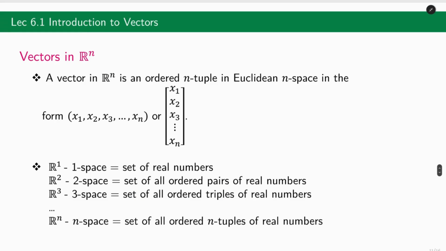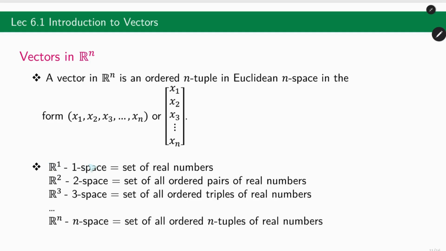Now let us extend our discussion to Rn. A vector in Rn is an ordered n-tuple in the Euclidean n-space in the form x1, x2, until xn. You may write your vector in the parenthesis form or in the matrix form. These are what we call the Rn or n-space.